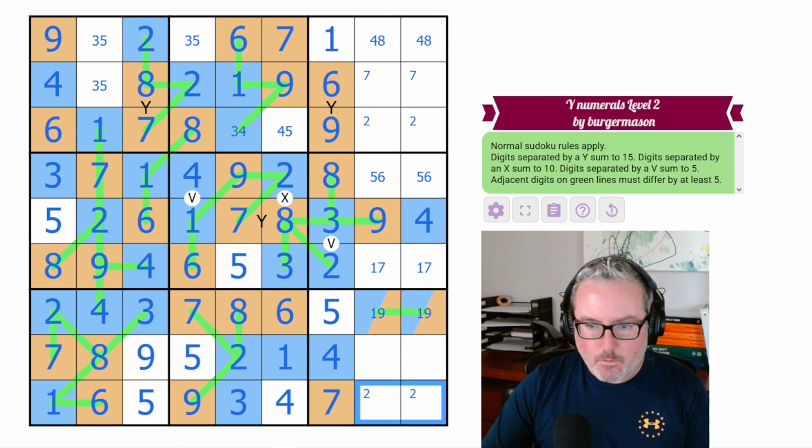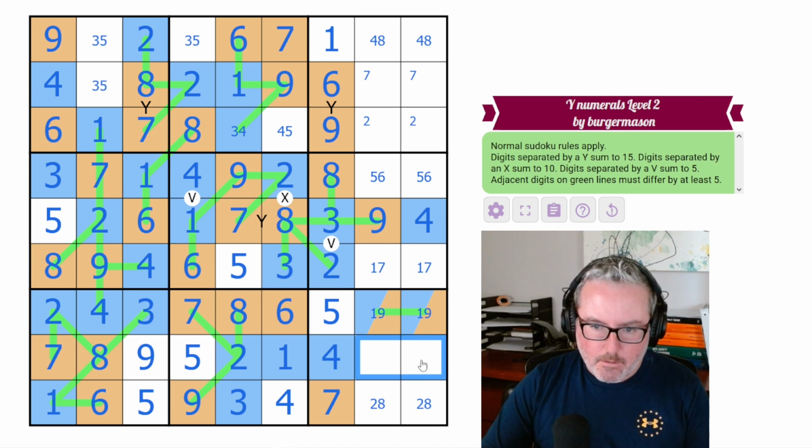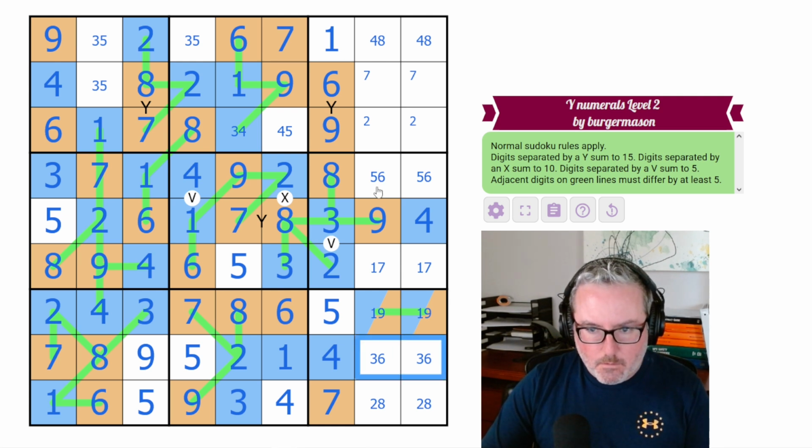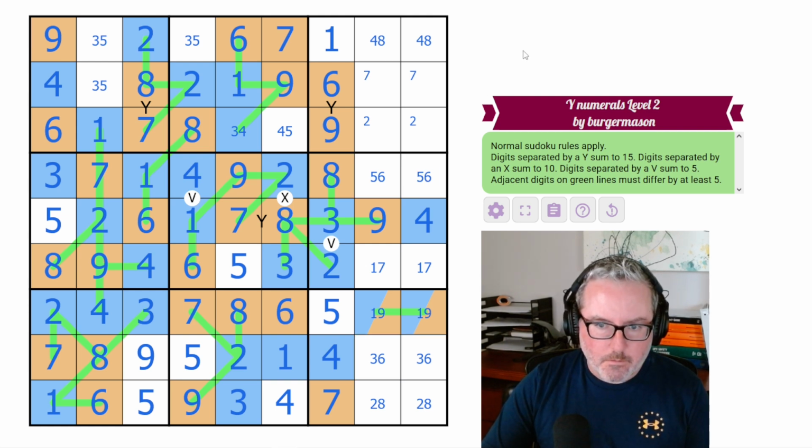This is 2 and 8. These have to be 3 and, what, 6? Okay. Now the X-swings that we're getting aren't doing too much. So let's continue. This 9, no, it doesn't quite determine what that is.